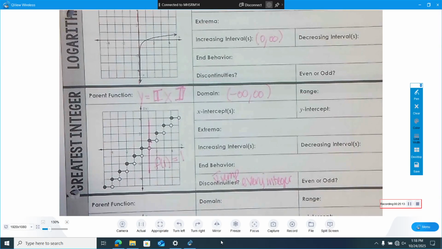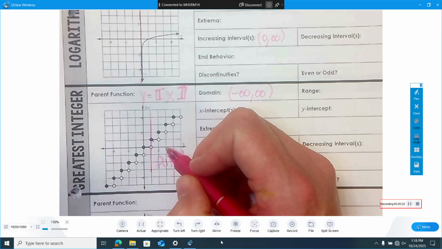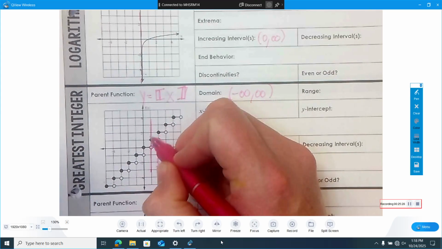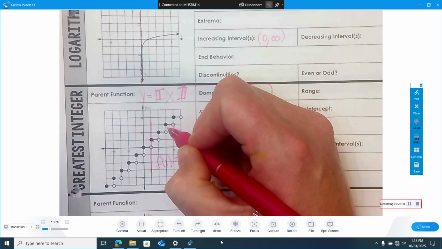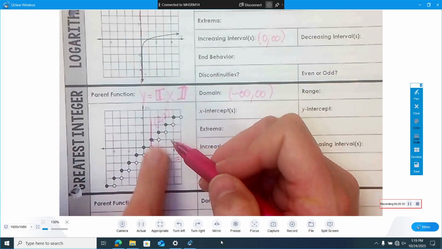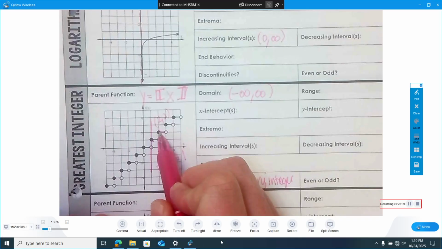Is it odd? I don't think so. That's a good question. If I take this dot, here is a dot at 2, 2. This point 2, 2 has a solid dot and a stick next to it.